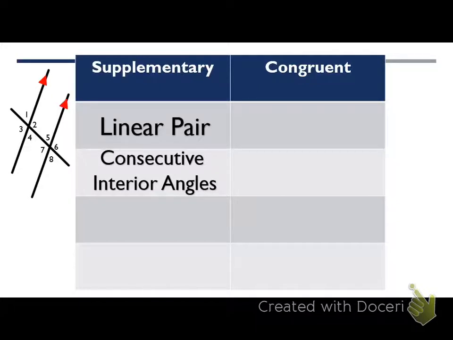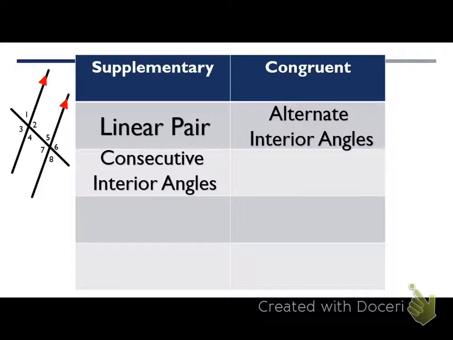Now I want you to know, because you're trying to guess what I said first, it is not the order in which you think it is. But the last one I said was consecutive interior. So the next one I said was alternate interior. Then after alternate interior, what do you think I said?